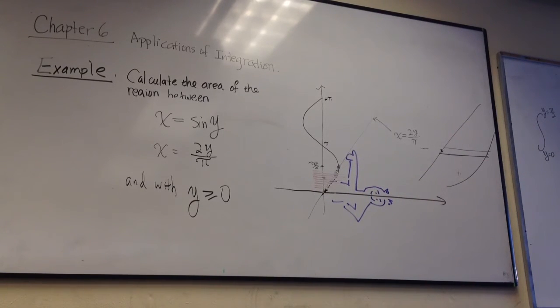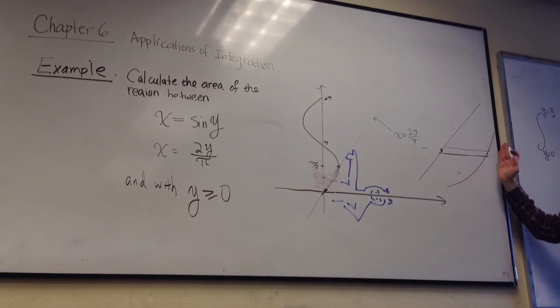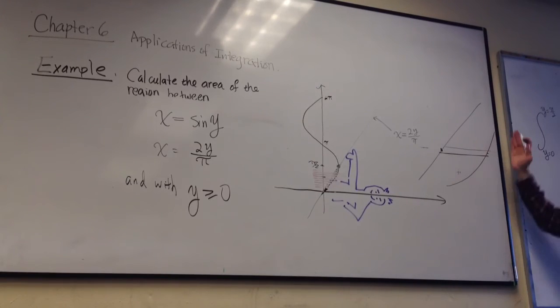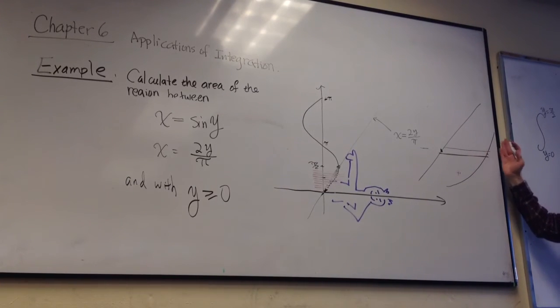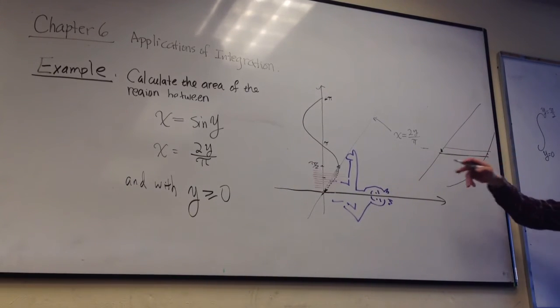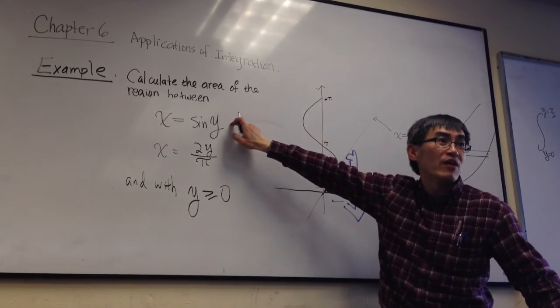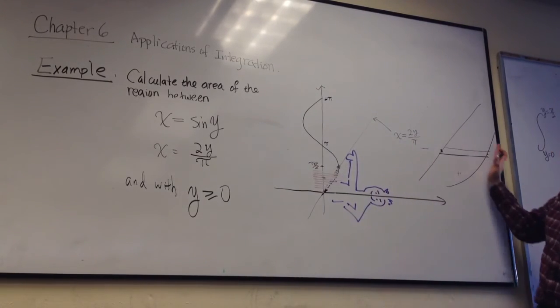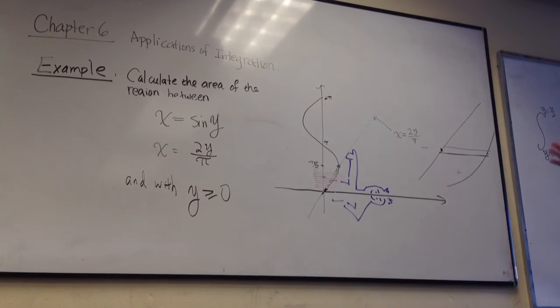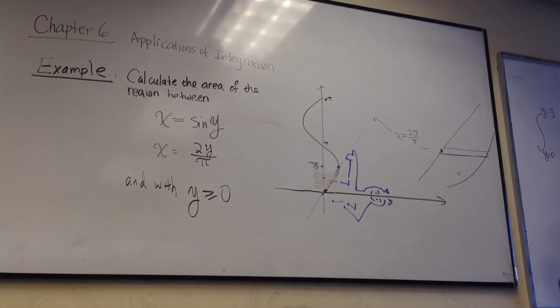2y over pi. Whereas this point to the right depends on exactly which point you're talking about, but roughly, you have an x value and a y value, and x is being controlled by y. In what manner? That one, right? So this larger x value is sine of whatever this y is.